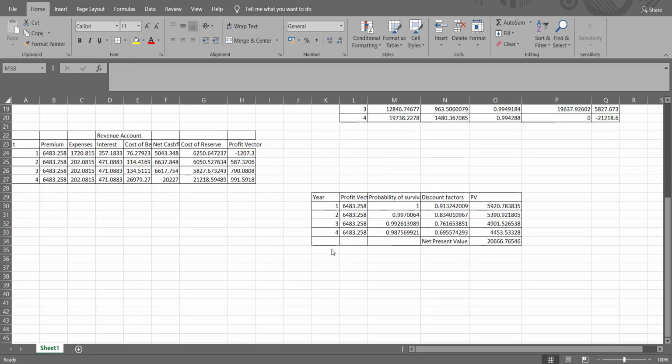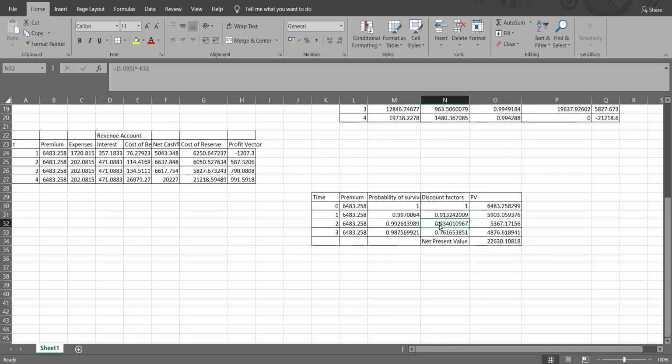One more small change is that while profit arises at the end of the year, your premium is received at the start. So time will change. Time 0, 1, 2, 3, right? So your discount factors will also change according to that. Since the formula was already this way, I just changed the times.